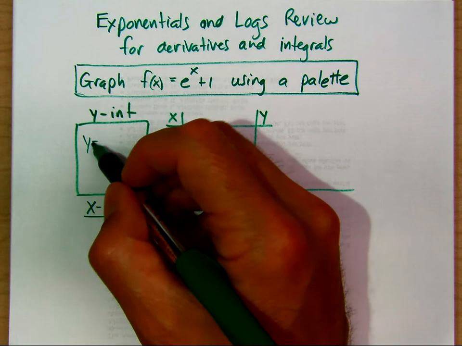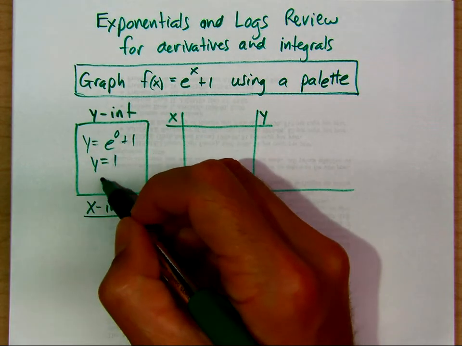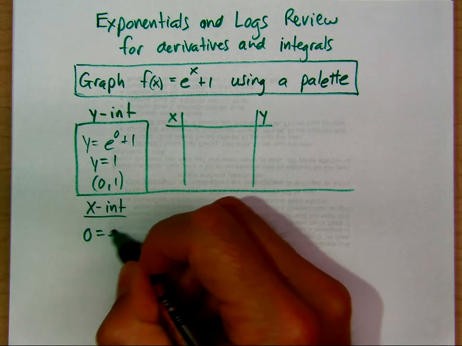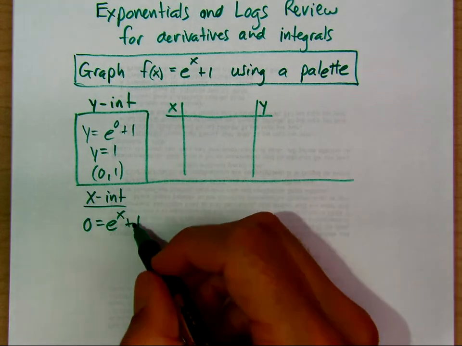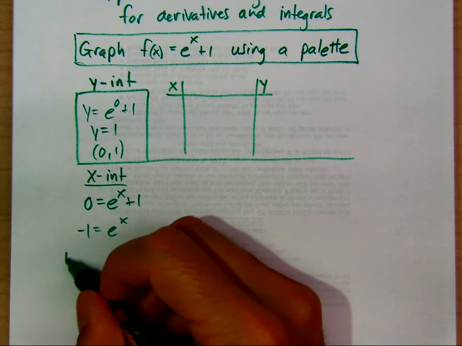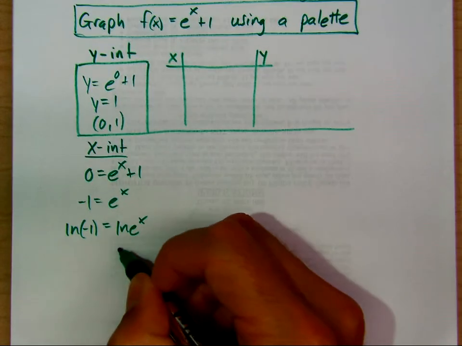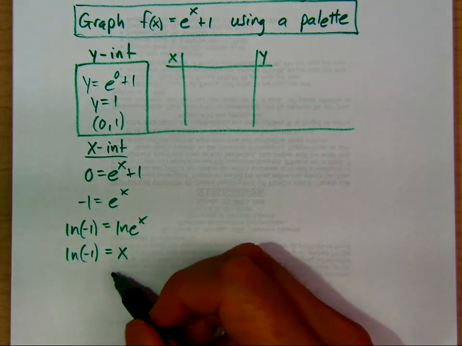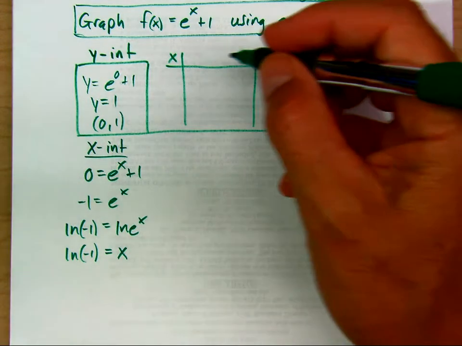The y-intercept is when the x equals 0, the x-intercept is when the y equals 0, and we will subtract 1 and use the natural log. And this is imaginary, so we won't have an x-intercept.